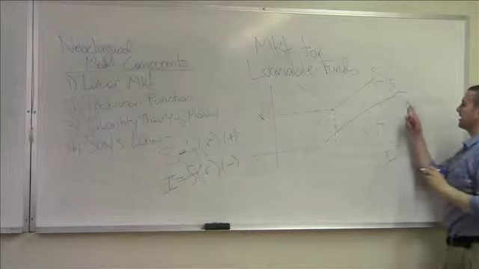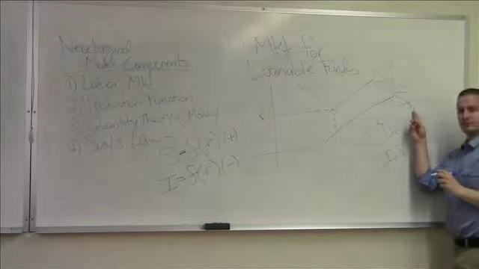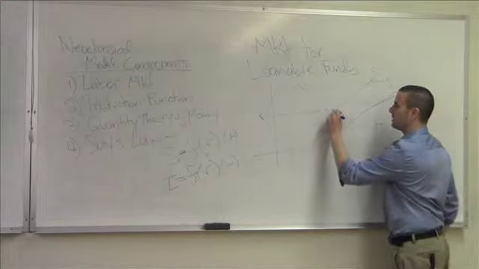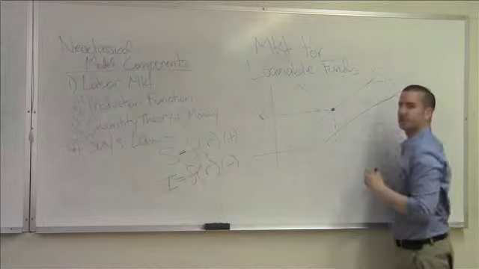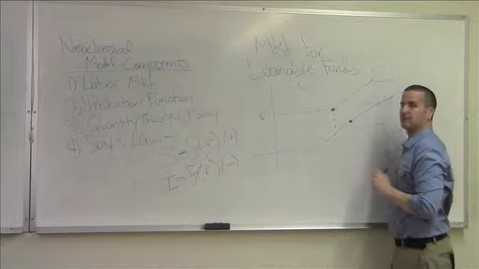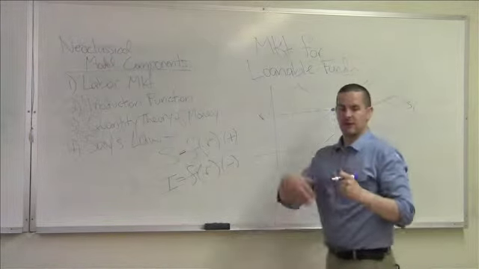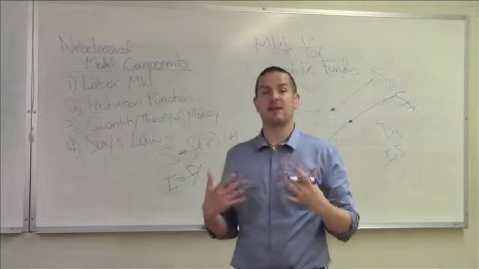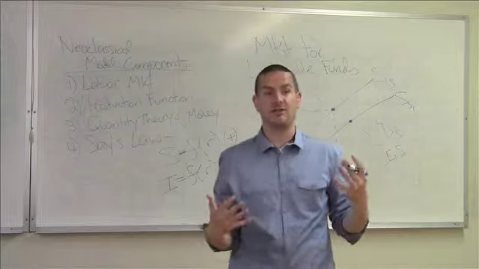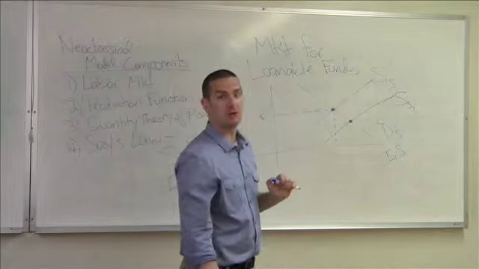So I drew supply of savings 1 and supply of savings 2. This was our initial equilibrium, but this is our new equilibrium, because now there's an extra $4 worth of savings, so we shifted the curve.